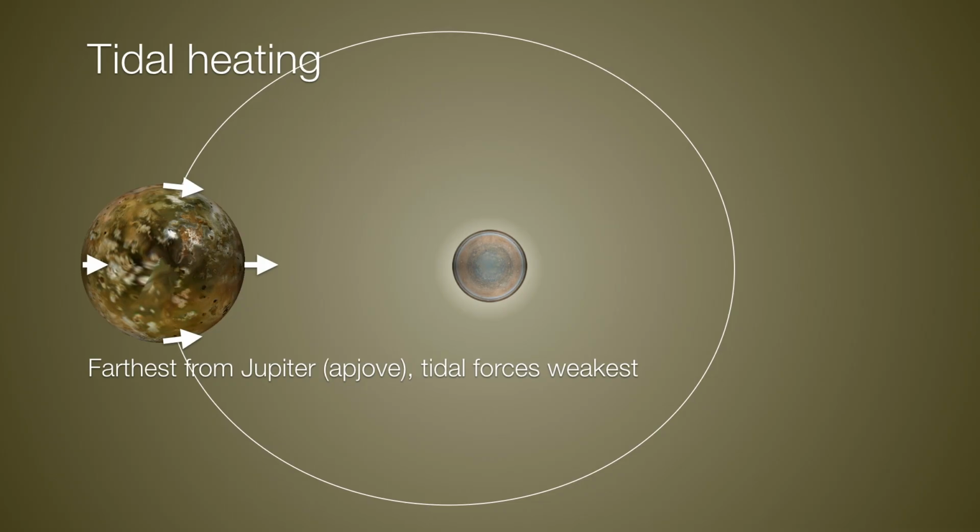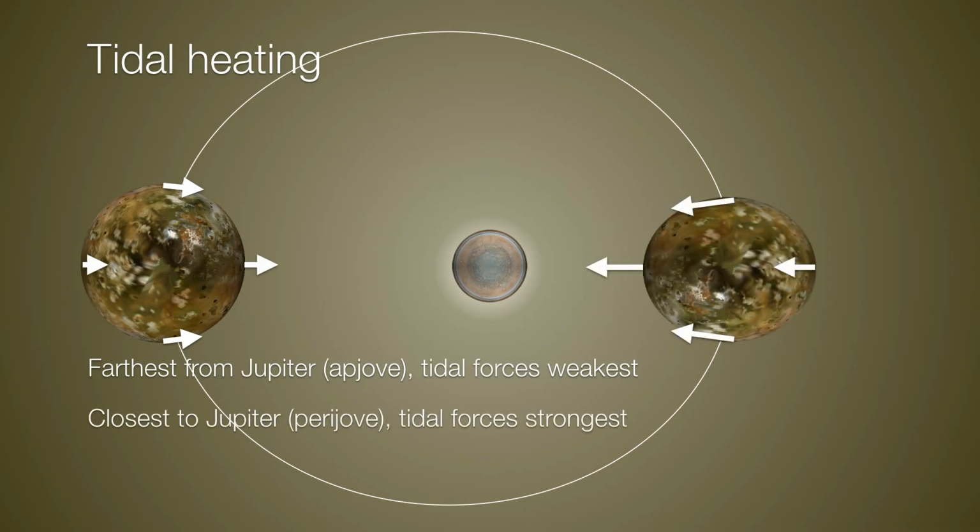In other words, Io is its normal shape and not really experiencing any tidal distortions. However, when Io comes to its closest approach, or perigee, then the tidal forces are the strongest. So strong, in fact, that it actually kind of squeezes Io and stretches it out a little bit. So this adds something called mechanical heat to Io's interior.